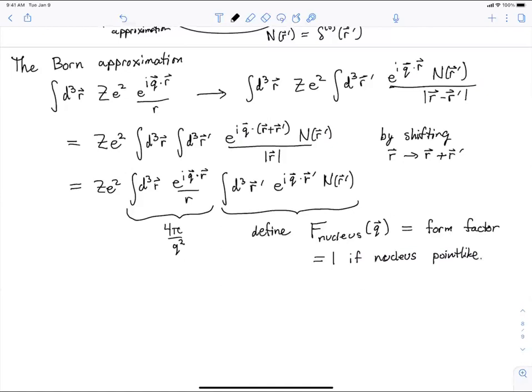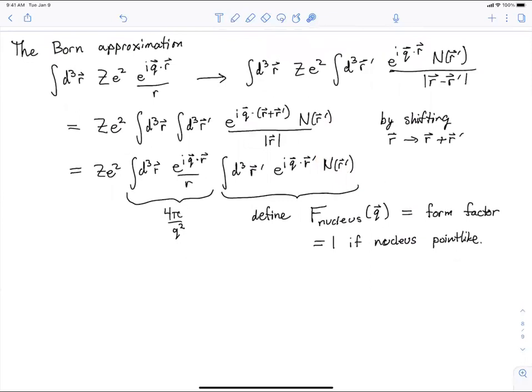Okay, and the reason it would be 1 if the nucleus were point-like is then I would be plugging in a delta function here. The delta function would have its argument vanish at r prime equals 0, which would make this 1. And so that's why the whole thing would just be 1.